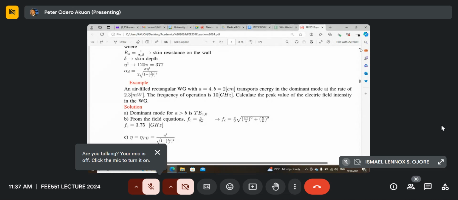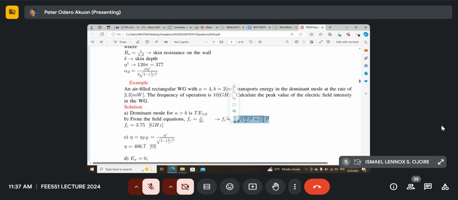For the dominant mode, remember we said a is more than b, for TE10, we can calculate the cutoff frequency from this formula. Here we are just told it is a dominant mode, so it is upon you to decide the mode. So it's a TE10.